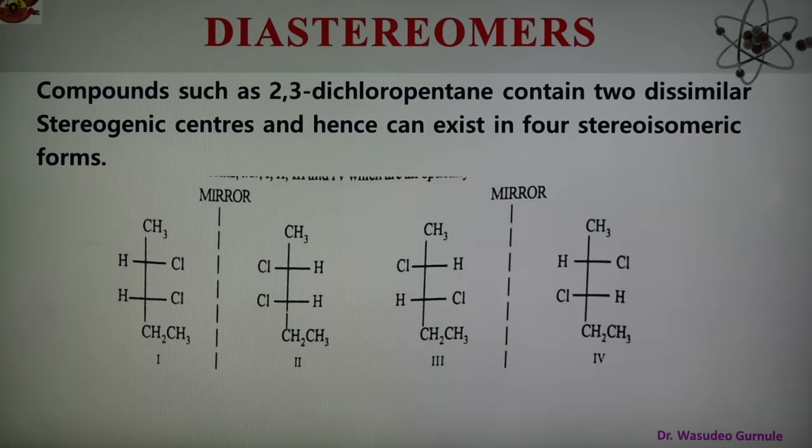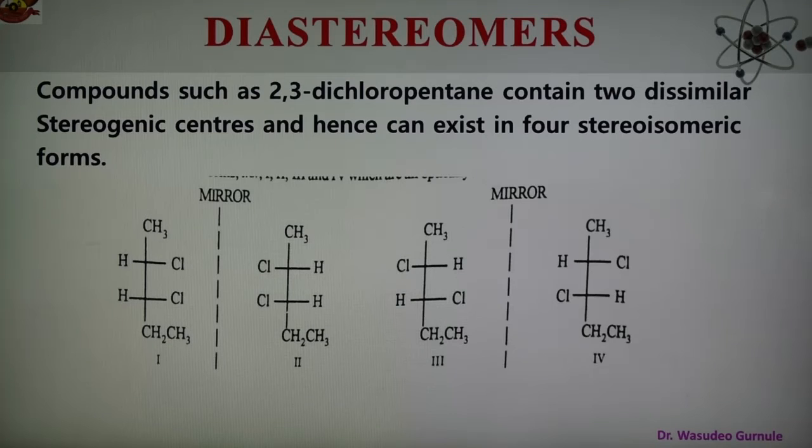Such stereoisomers which are not mirror images of each other are called diastereomers. 1 and 3, 1 and 4, 2 and 3, 2 and 4 all represent pairs of diastereomers.